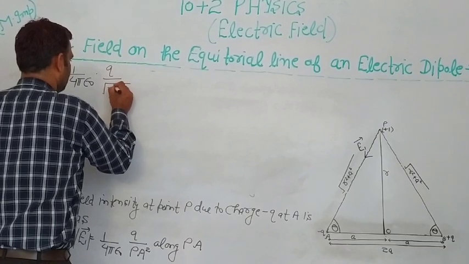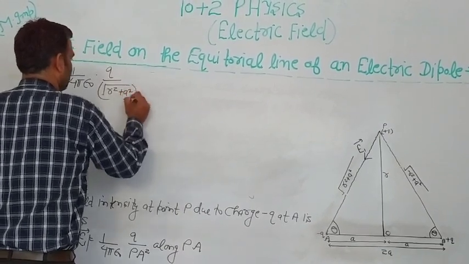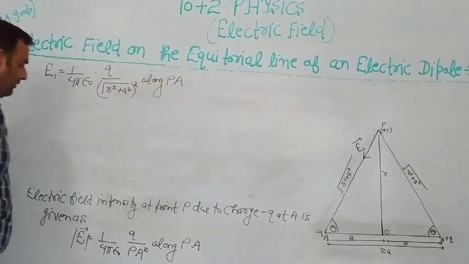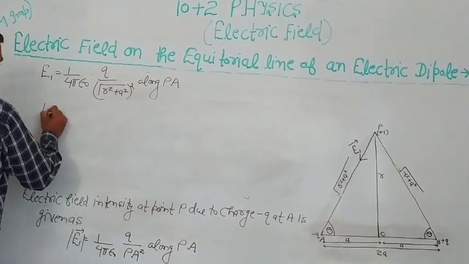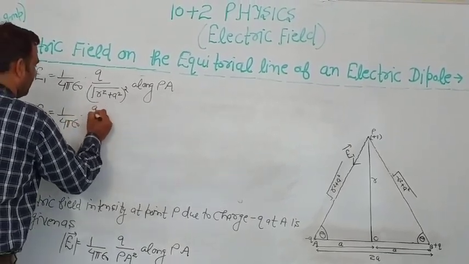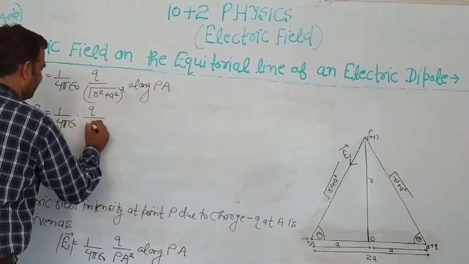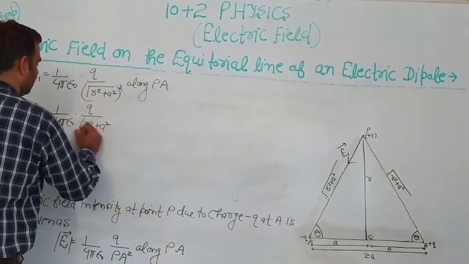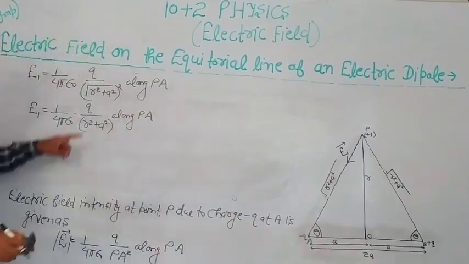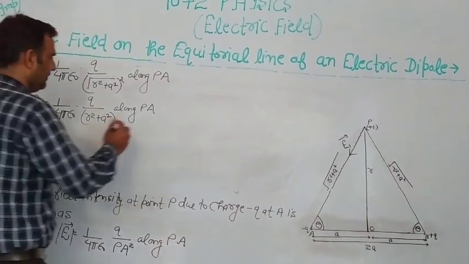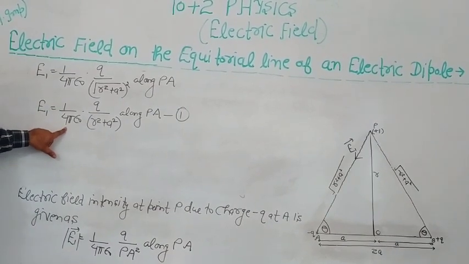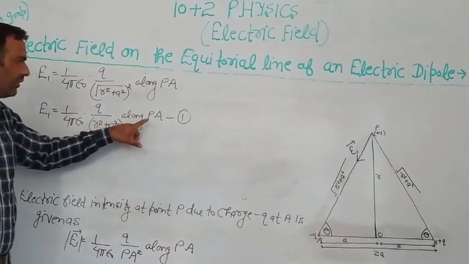Root of r square plus a square. So E1 is equal to 1 upon 4 pi epsilon naught, Q upon r square plus a square, along PA. This is equation number 1.